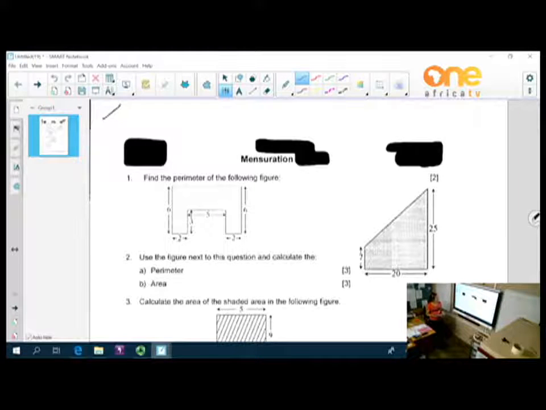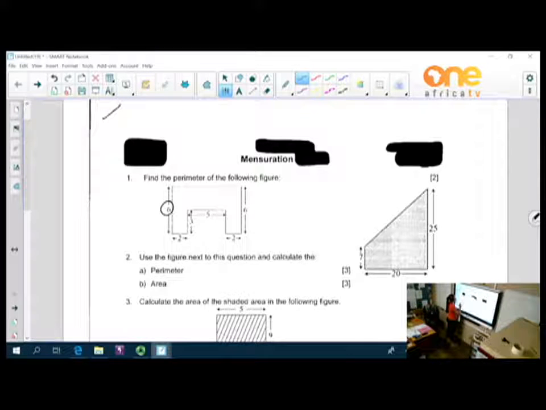Number 1 says find the perimeter of the following figure. When we find the perimeter, we just add all the sides together. So 6 plus 2 plus 3 plus 5 plus 2 plus 6, and then we need this side as well. But how do we get this side?